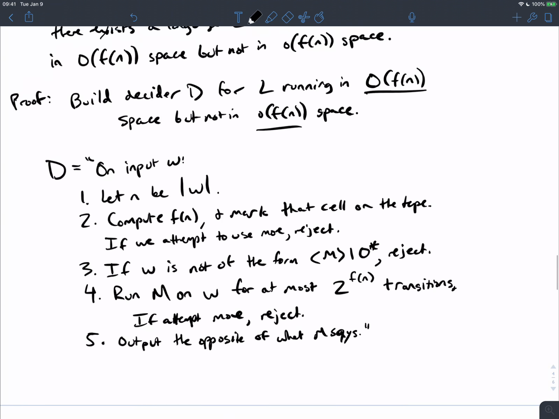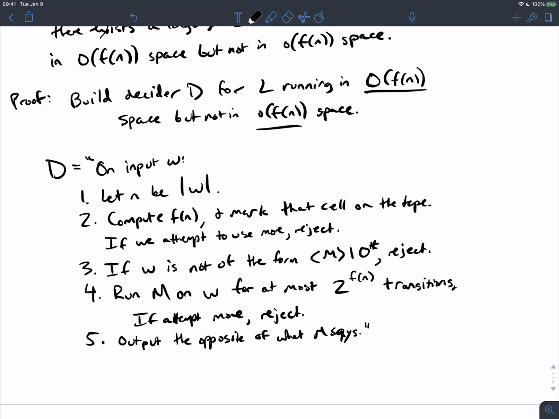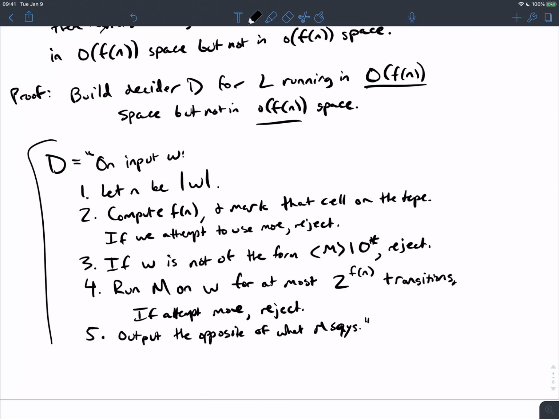Okay. So the entire idea here is we're going to have this machine D right here. What D is going to do is it's only going to possibly accept if we get a machine as input. If we get a machine as input, and maybe other things, then we're going to simulate that machine on this input w, whatever D gets.